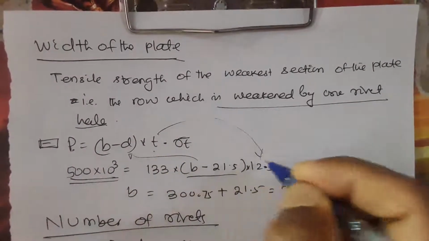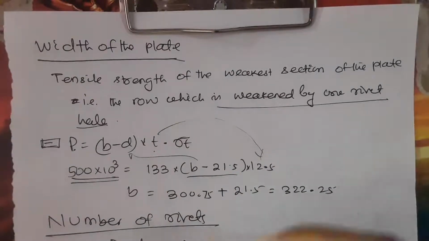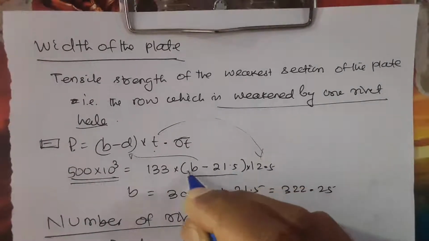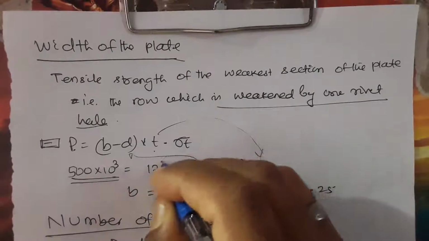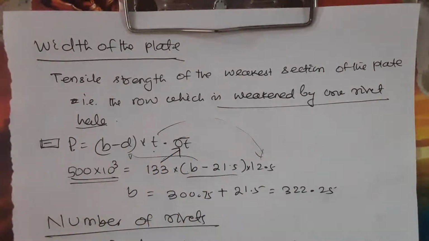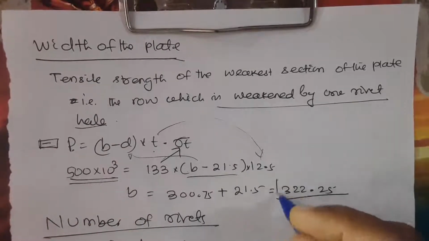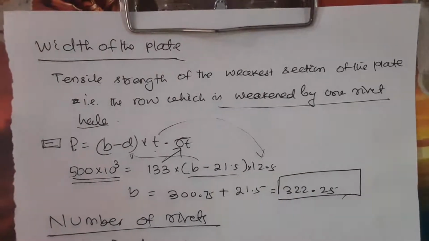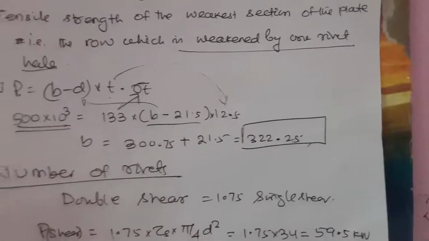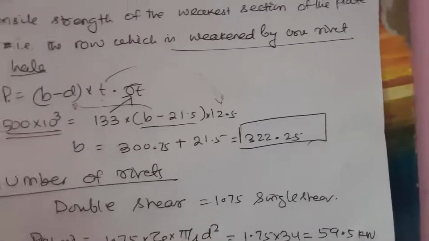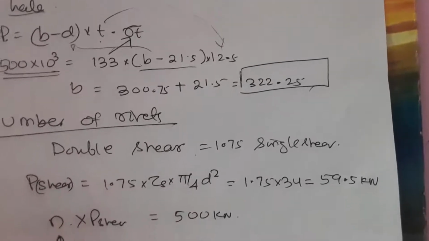The thickness is 12.5, B you do not know, and 133 is the tensile strength of the plate material, and that should be equal to 500. From that we find out the width of the plate is equal to 322.5. It is asking the question to find out the width of the plate.